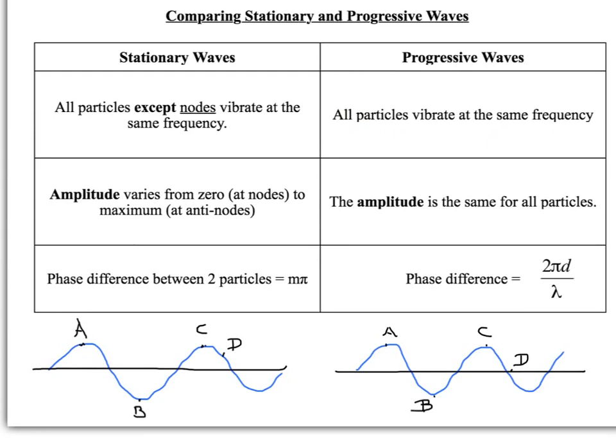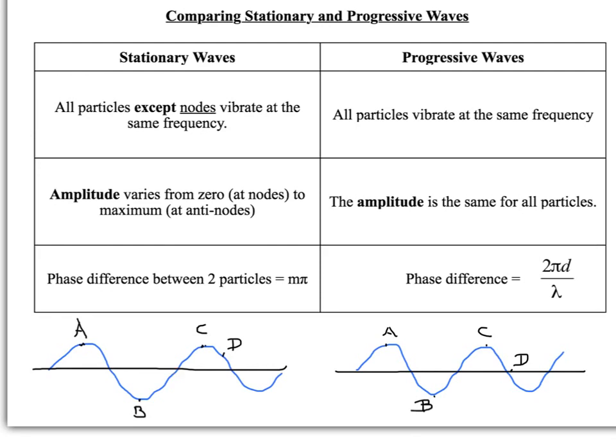But in a stationary wave, at the nodes, so at these points where it's 0, these aren't actually vibrating with any amplitude at all. So they're not vibrating, so they're not going to be vibrating at the same frequency that the rest of them are. But the rest of them will be at the same frequency, just not at the nodes because those are at 0.